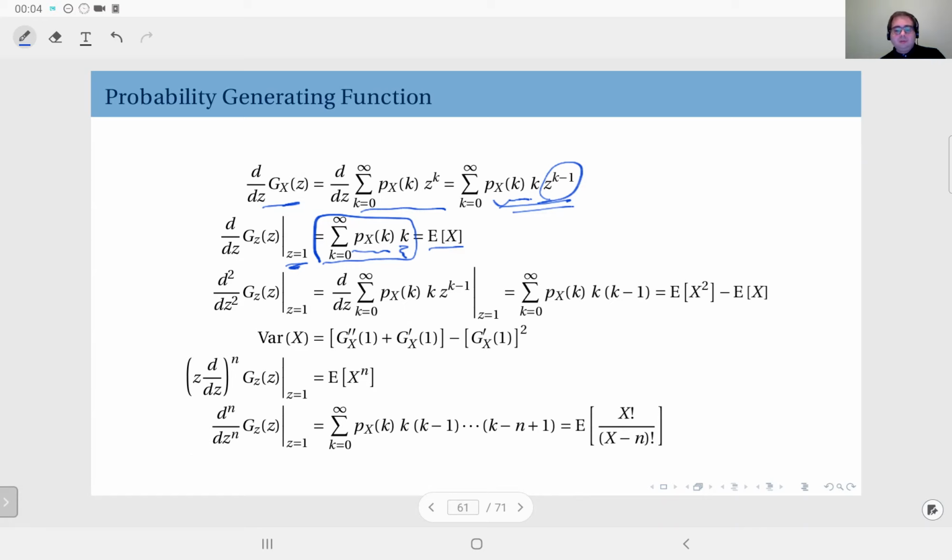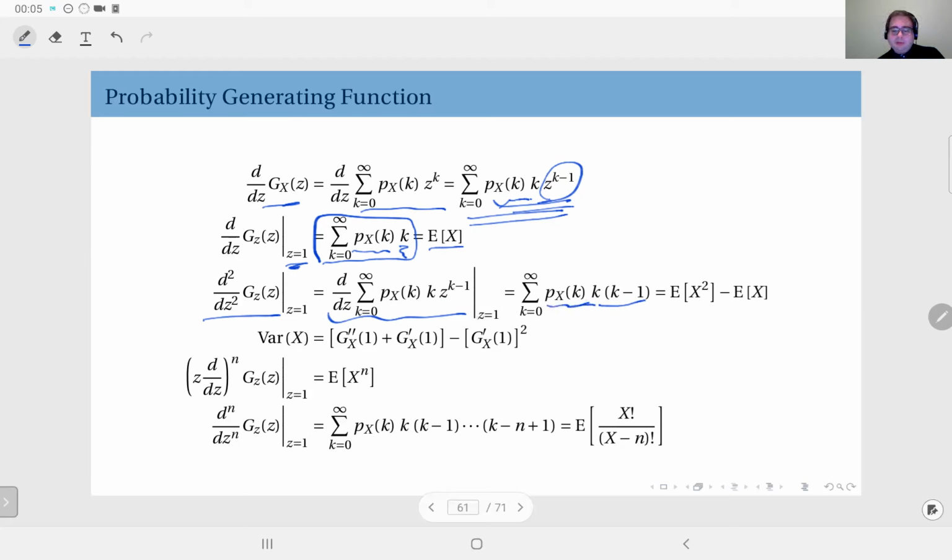You see, it's also a useful generating function. You can obtain the moments from it. And if you differentiate it twice, let's see what happens. Differentiate it twice and evaluate it at 1, you get the derivative of this expression here, because this was the first derivative, and therefore you will have k times k minus 1 times z to the power k minus 2 weighted by the PMF value.